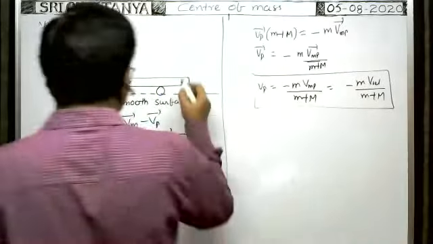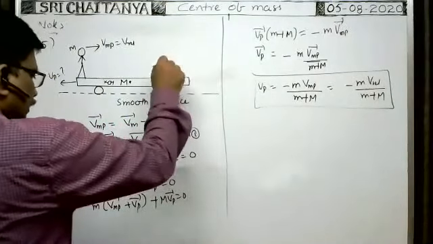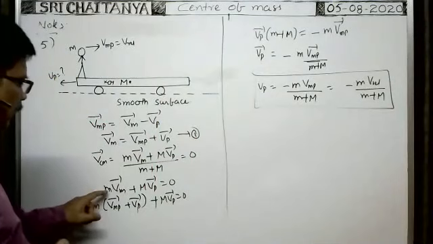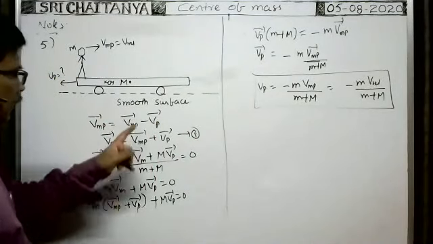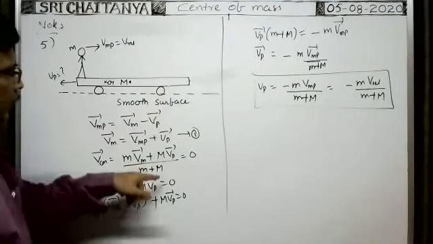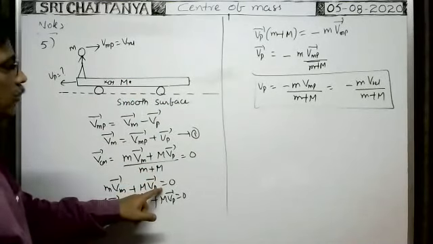Suppose if two persons are there, if one more person is also there, then mass of the one person into velocity of that person plus mass of the plank into velocity of the plank plus mass of the second person into velocity of the second person we have to write.